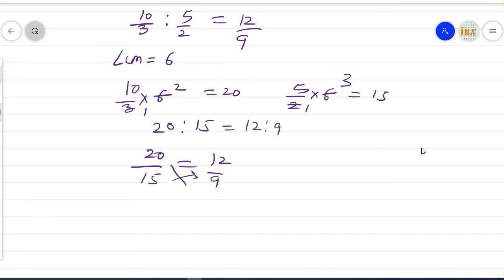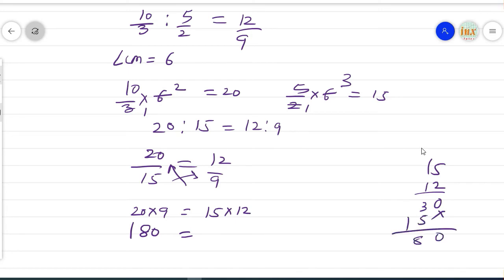So 20 into 9 is equal to 15 into 12. 20 into 9 is 180, and 15 into 12 again gives 180. So the answer is true. This is how we can do this part.